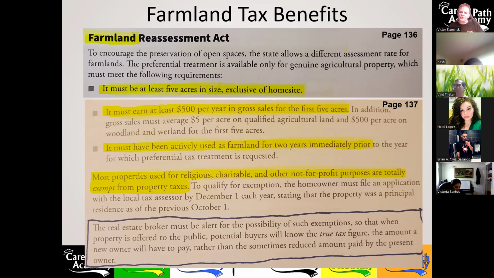So we need to know the true tax figure rather than that lesser amount. And then we advertise the true tax figure, because that's the amount the new owner is going to need to pay. When we get a listing, we should go to the tax records and see how much the taxes actually are, regardless of any breaks the current property owner is getting.